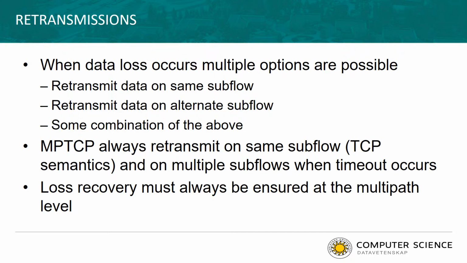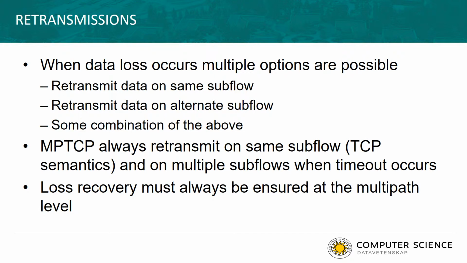Or we can use some combination of the two alternatives. For instance, retransmitting the data on both of the subflows, both the original subflow, where the data was originally sent, and on an alternate subflow. And if we look at how MPTCP handles retransmissions, it always retransmits the data on the same subflow where the original segment was sent.